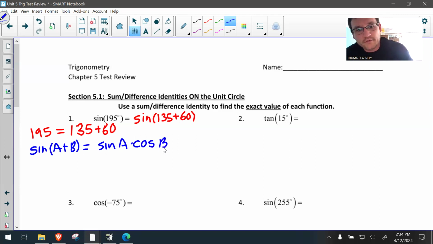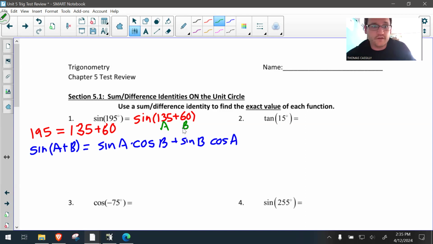And then we have plus the sine of B times the cosine of A, right? So the A's and the B's, those are just going to be the angles, all right? So this first angle, angle A is 135, and then angle B is 60 degrees here.